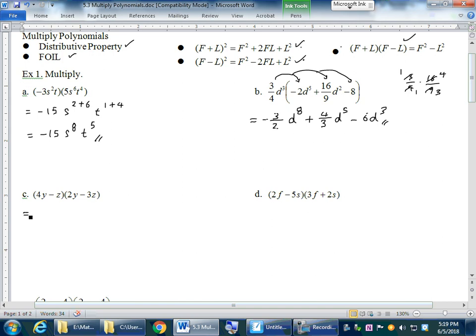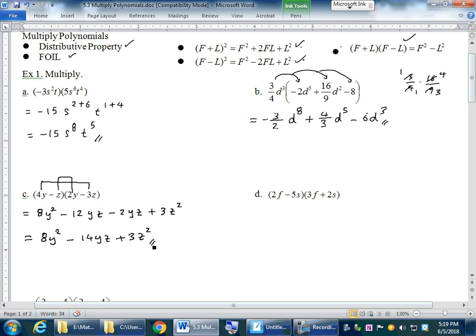Foiling method is multiplying the first together, which will be 8y squared, and then outer, that will be negative 12yz, and then multiply inner, which is going to be negative 2yz, and then multiplying the last together, which is plus 3z squared. So combining like terms, that gives me 8y squared minus 14yz plus 3z squared. That will be my final answer.